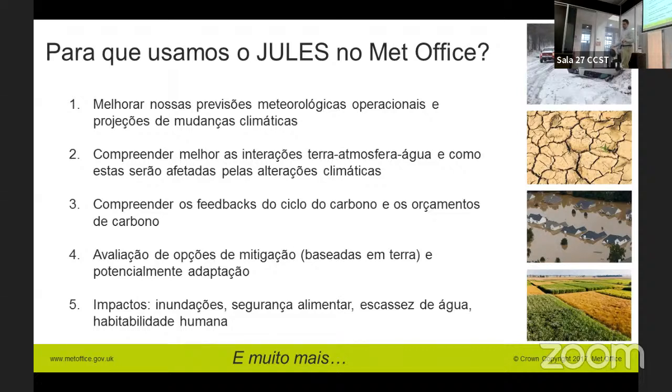If you don't know, plants absorb 25 to 33% of anthropogenic emissions, so it's a huge sink. That's in the global carbon budget. And if you don't know what's going to happen with that in the future, it will affect how much you can decarbonize going forward. So you can also use it to assess strategies and policies to mitigate against climate change.